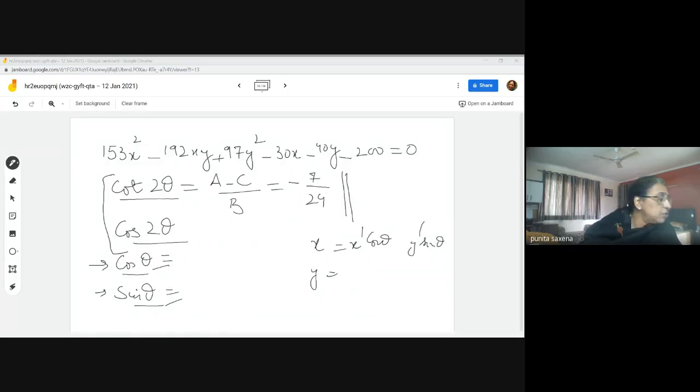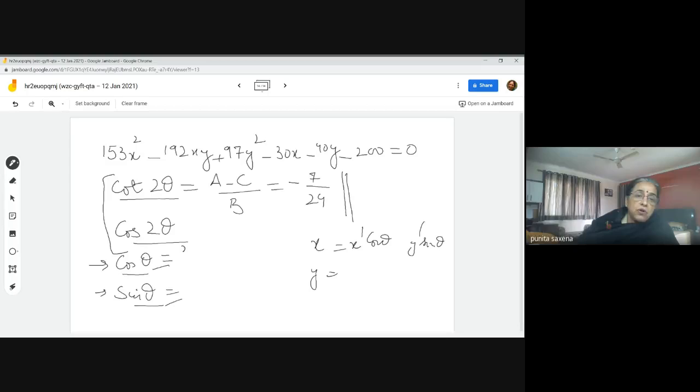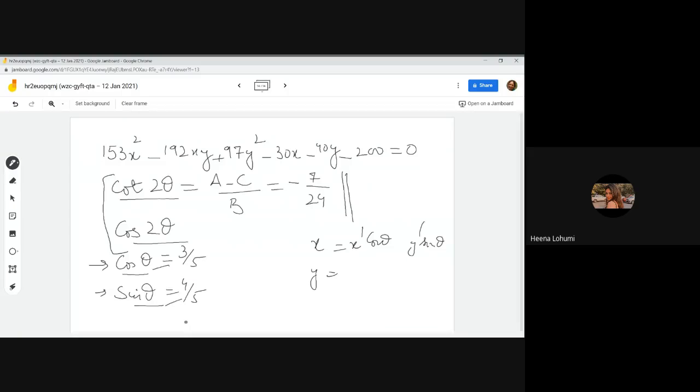नहीं जी, cot 2 theta तो -7/24 ही आ रहा है. बट cos 2 theta अगर हम उससे निकालेंगे बाय ट्रायंगल तो वो -7/25 हो जाएगा. Yeah, that's right. और उसके बाद अगर हम cos theta is equal to √((1 + cos 2 theta) upon 2) फॉर्मूला लगाएंगे, तो it will be 3/5 only. So cos theta is 3/5 and sin theta is 4/5.